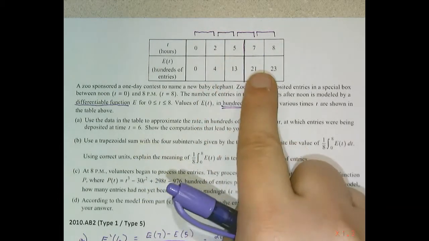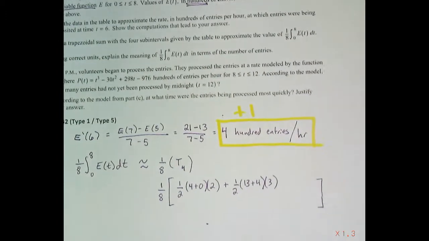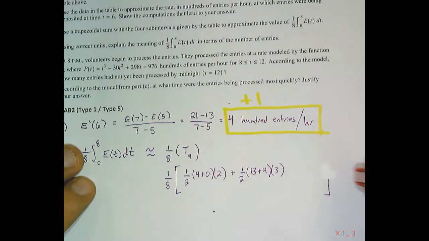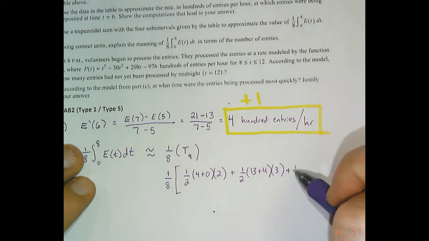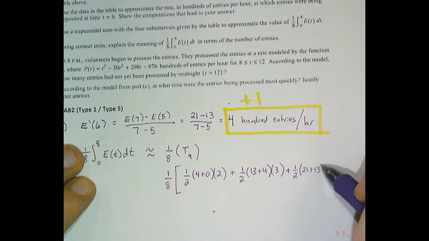My next trapezoid has bases of 21 and 13 and a width of 2. So it looks like I'm going to run out of space here with my bracket. Average of the bases of 21 and 13 times a width of 2 units.